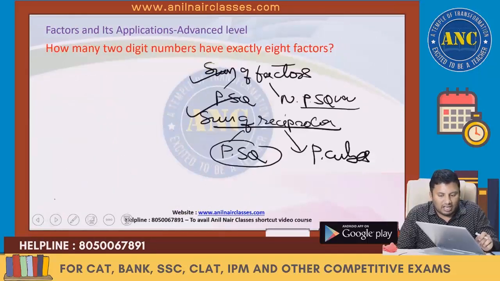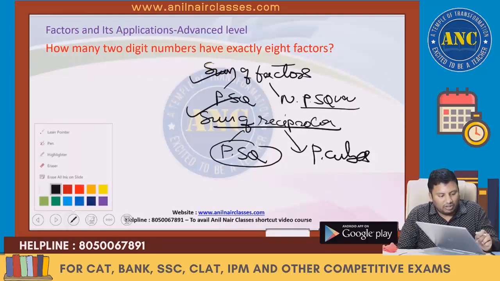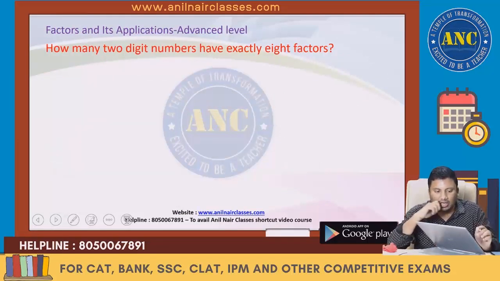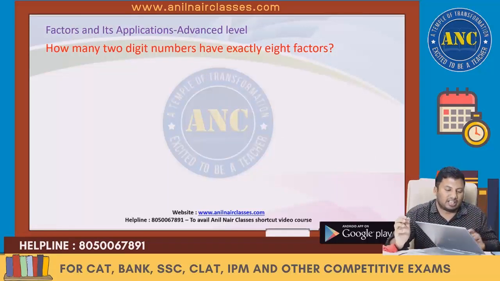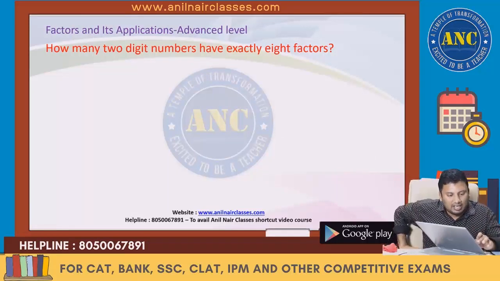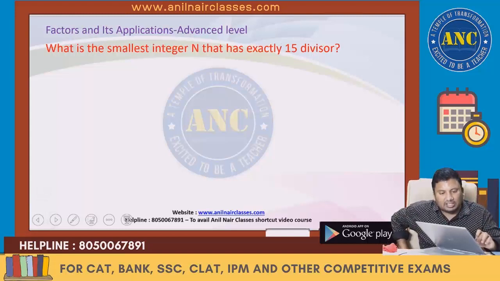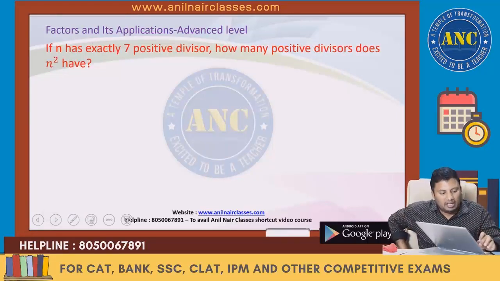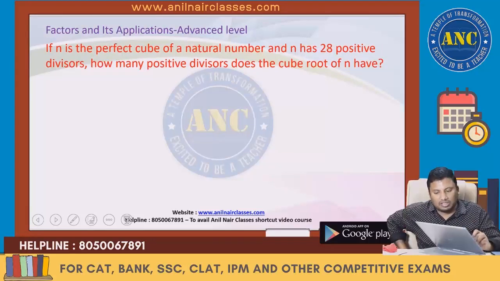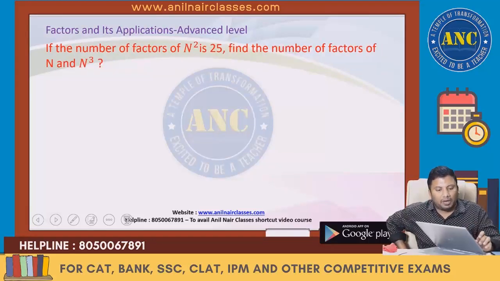Now we will start our class with this question. I think beautiful questions are there in the next class. 8 factors, 15 factors. Smallest number, n square related problems, perfect cube related problems.